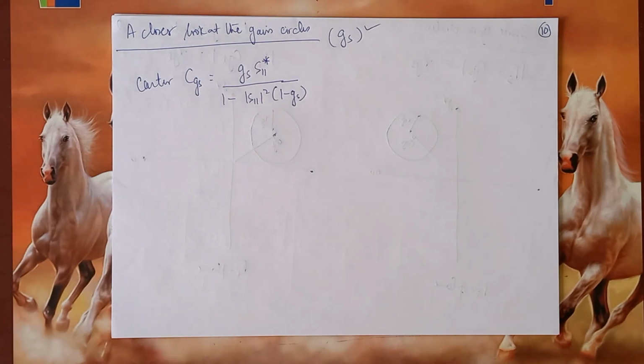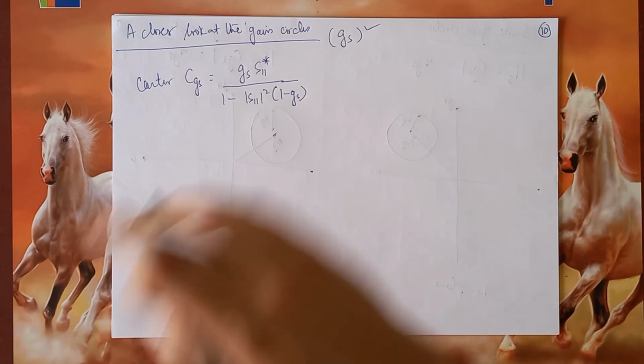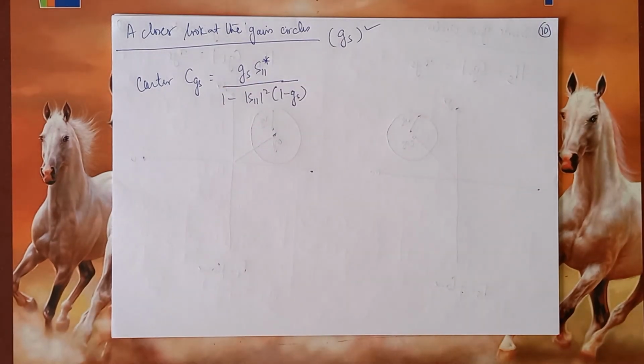This is the center. Now, let us suppose we take different values of G_S. What will we get?